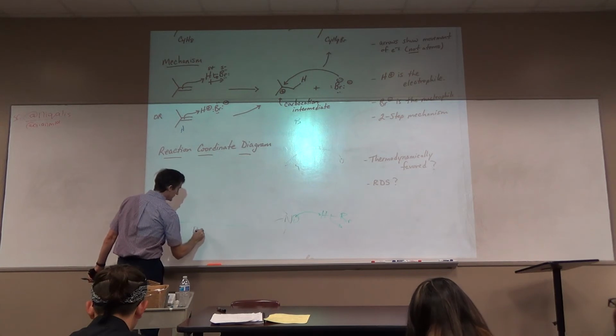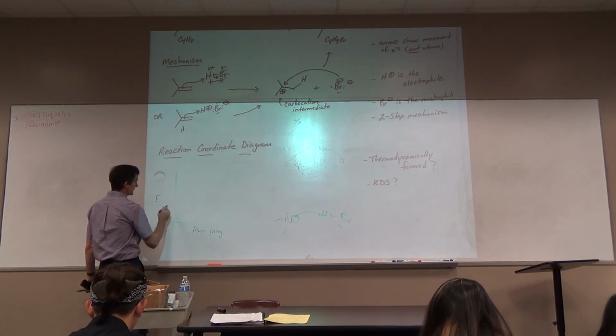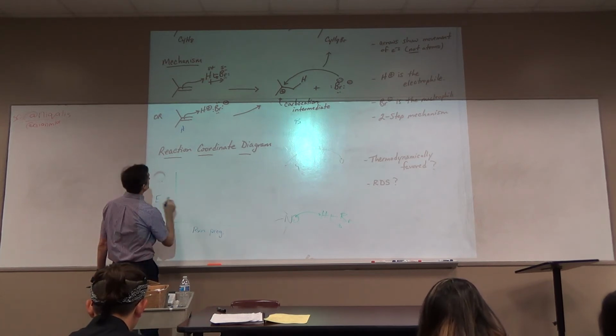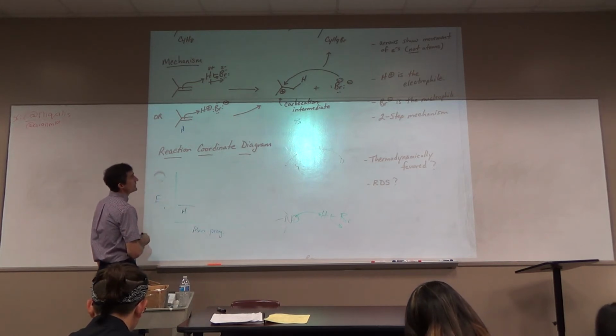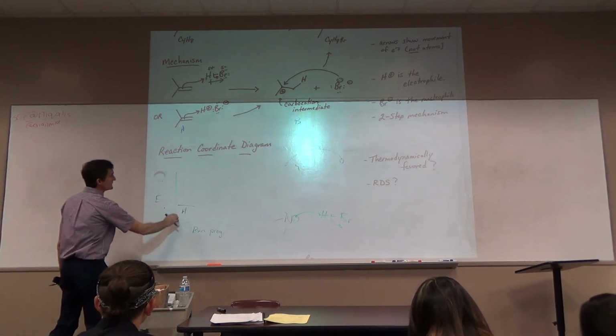What do we have here? Reaction progress, some type of energy. Doesn't need to be overly detailed. This would be enough. We start with A, some arbitrary level. Now we can get more particular. Where do we want to put B compared to A?